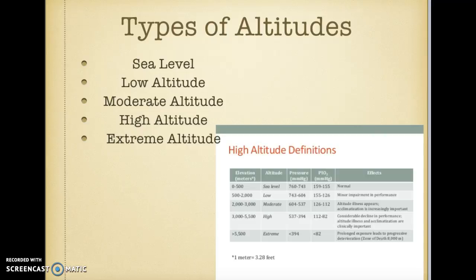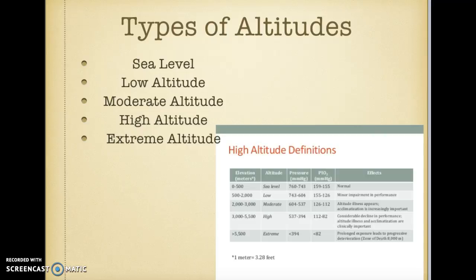At extreme altitude, which is anything above 5,500 meters, you want to always have medical personnel around to watch you and make sure there are no extreme illnesses or sicknesses coming on.